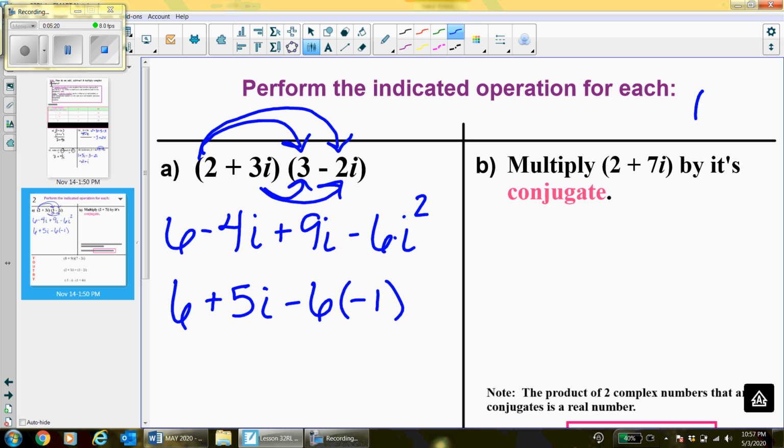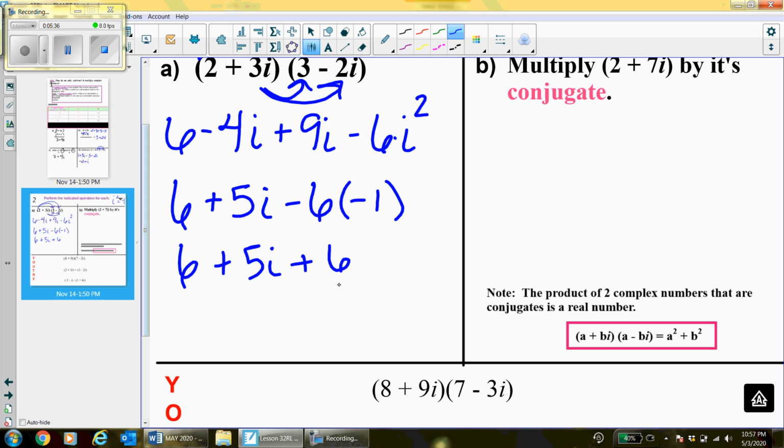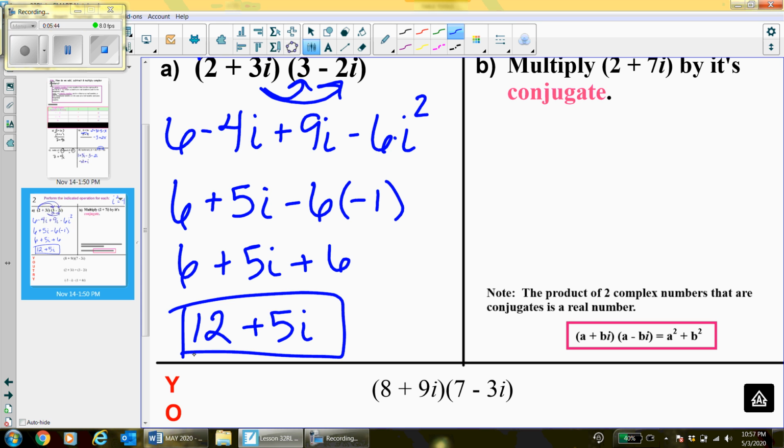Remember from our previous lesson, i squared is equal to -1. So now we have 6 plus 5i, then -6 times -1, which is a +6. Now we continue combining like terms. 6 plus 6 is 12. 12 plus 5i is our final answer.